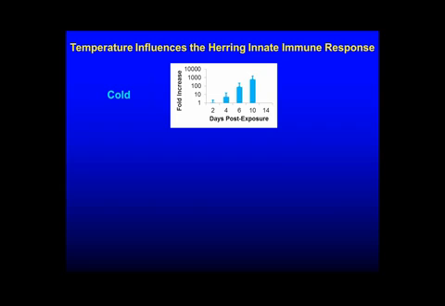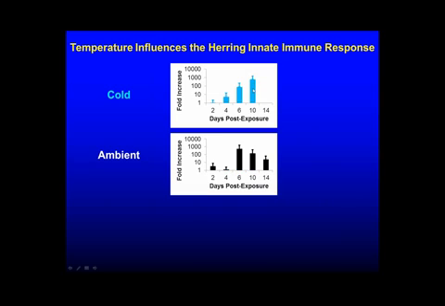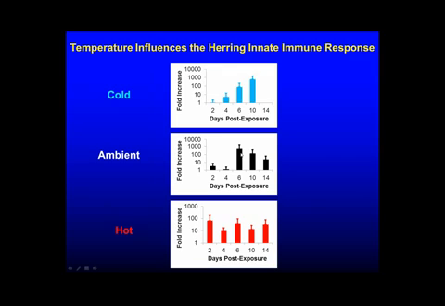Here we can see at the cool temperature, we had a large antiviral response at 10 days post-exposure. In the ambient group, the peak in the antiviral response occurred several days earlier, at 6 days. And at the warm temperature, the antiviral response occurred as early as 2 days after exposure. So what this is indicating is that at the cool temperature, there was immunosuppression in these fish. It's an example of temperature influencing the susceptibility of a fish as a result of immunosuppression.